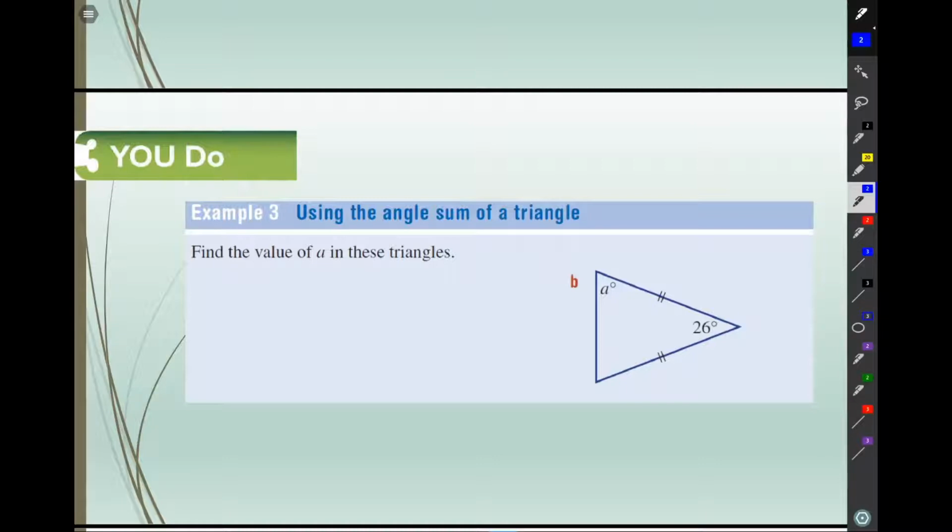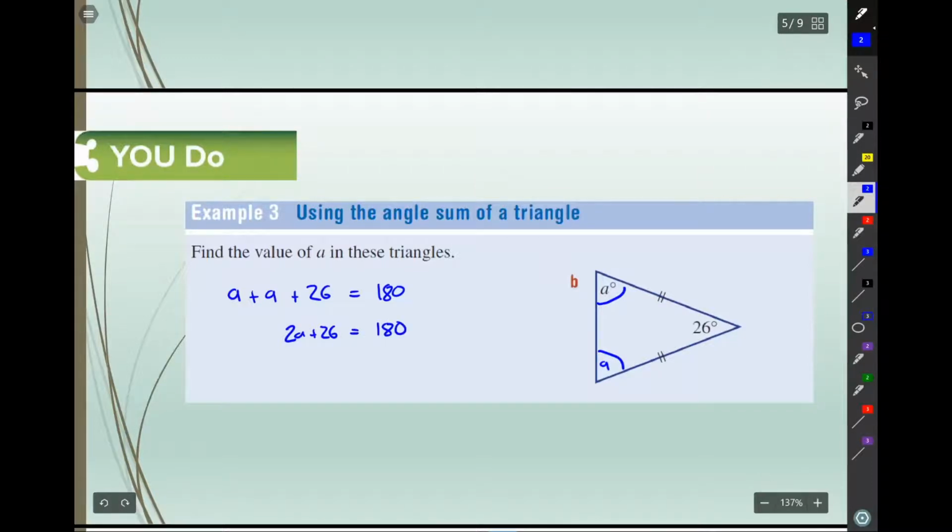Okay, something you need to recognize to solve this question is that this is an isosceles triangle, so these two angles are the same. So we're going to end up with A plus A plus 26 equals 180. Or, if you like, 2A plus 26 equals 180.